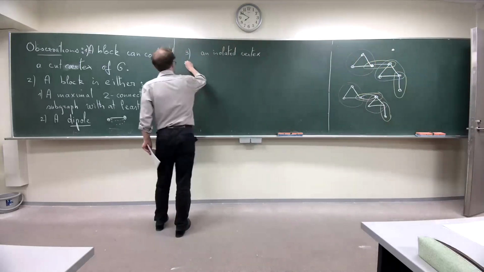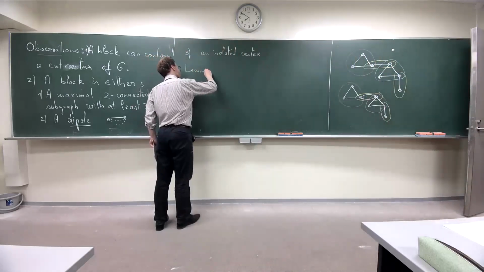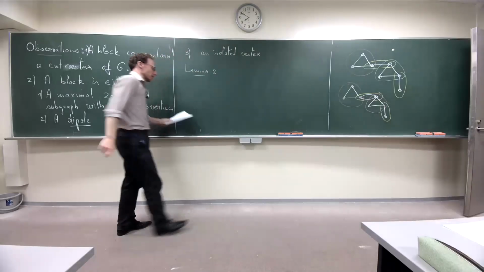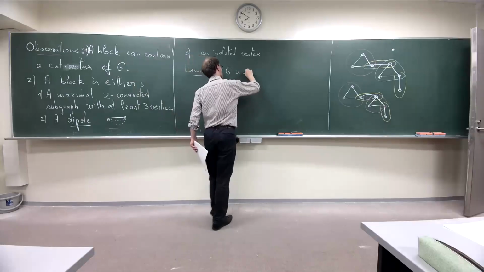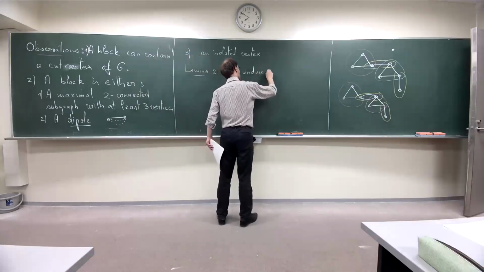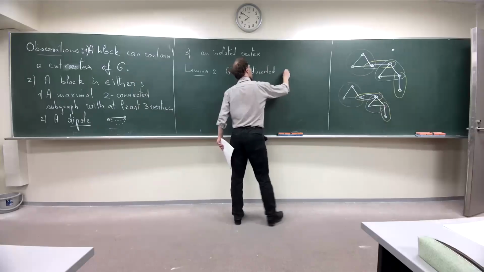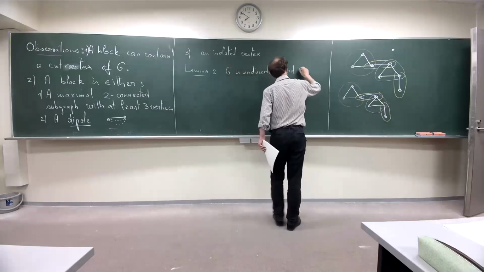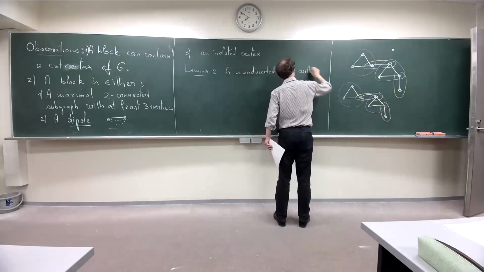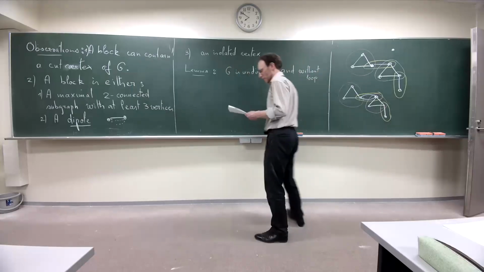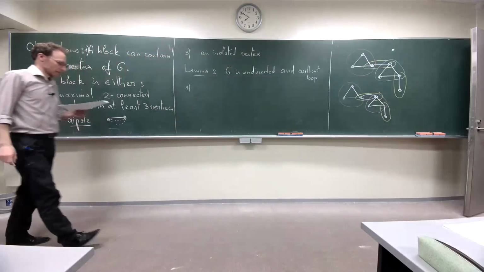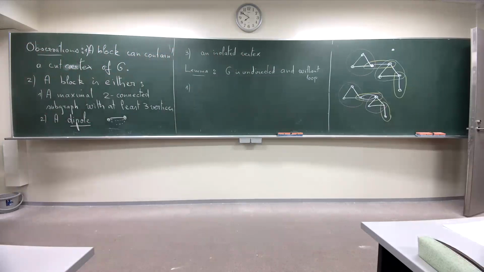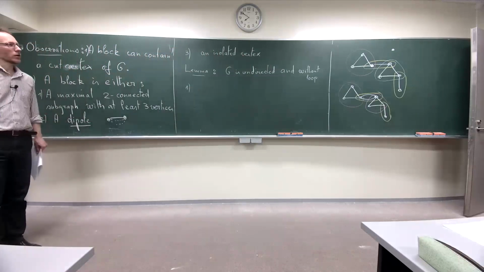Now, another statement which is not difficult to check, if G is undirected and without loop, I accept multiple edges, but no loop. What do we observe between blocks?